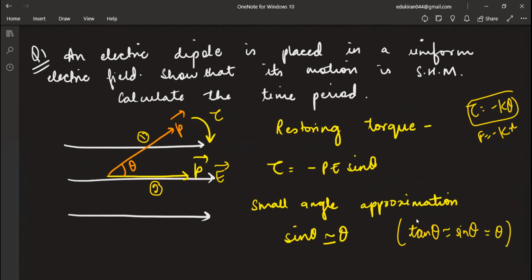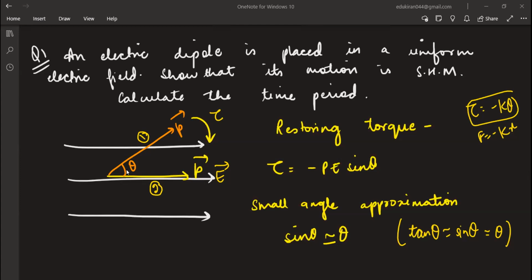It says that if your angle is very small, that is, less than 15 degrees, we call it a very small angle. Larger angles are those like 30 degrees, 40 degrees, 45 degrees, 90 degrees. Small angles are all those less than 15 degrees.